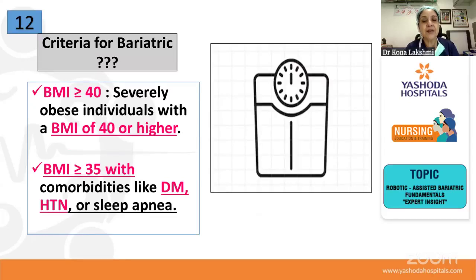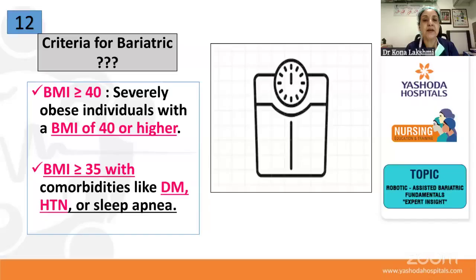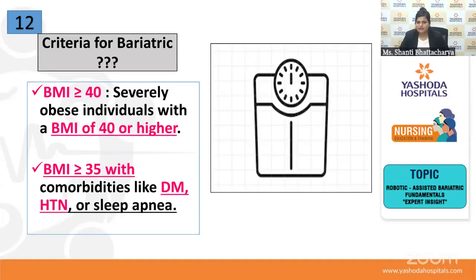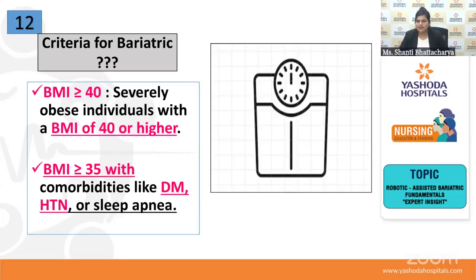So we have to lift the liver and do the surgery. So we give them a high protein diet so that the liver shrinks in size. If ultrasound says grade 3, grade 4 fatty liver, we put them on a low calorie, high protein diet so that the liver shrinks at least by 300, 400 grams, so that it becomes easy for us to do the surgery and accessibility is easier.